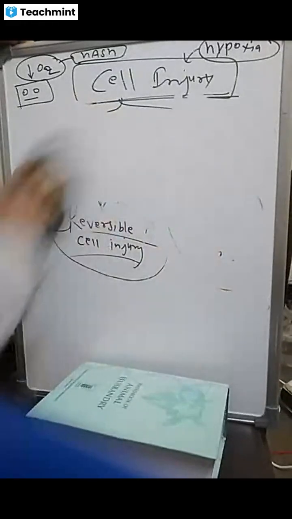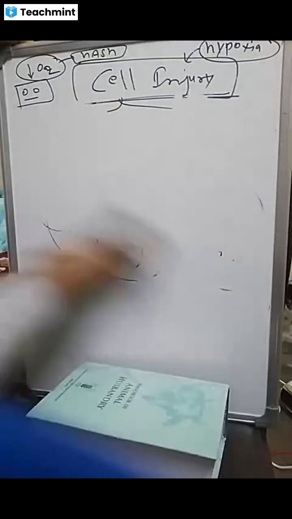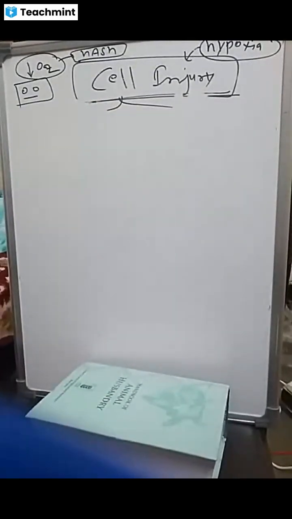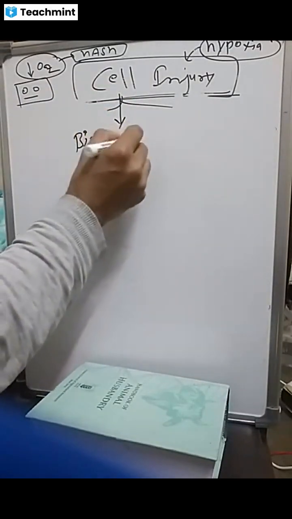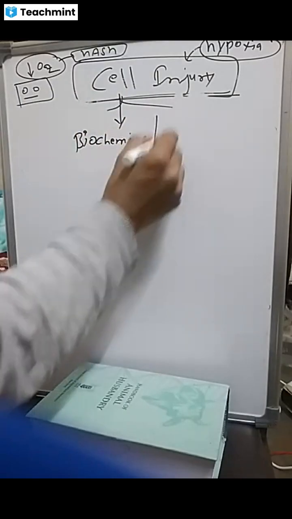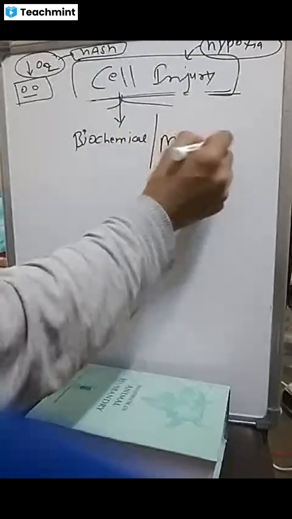So if we look at the changes of cell injury, how does this cell injury go? It starts at the biochemical or molecular level.